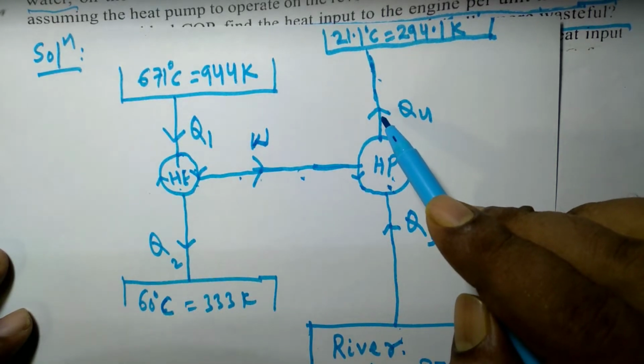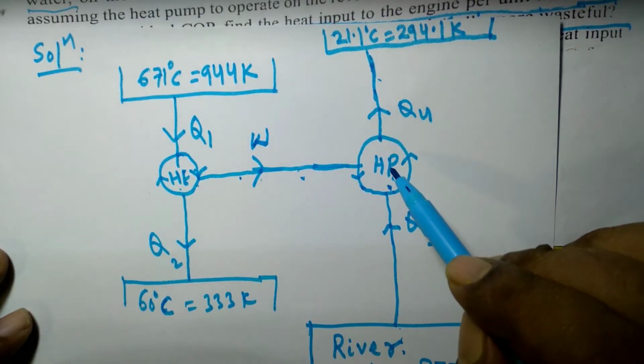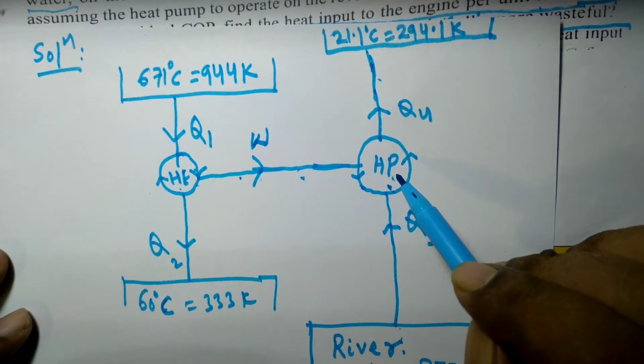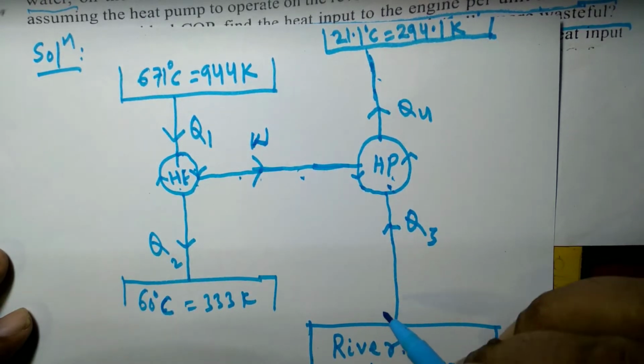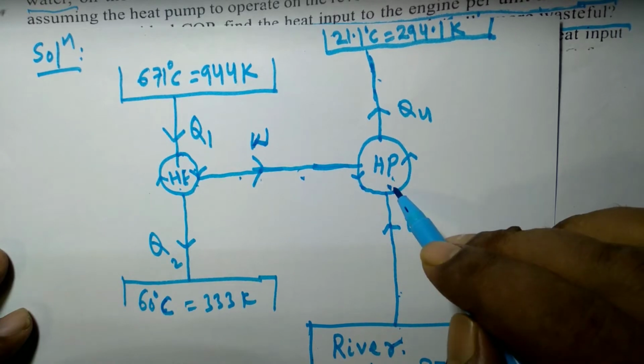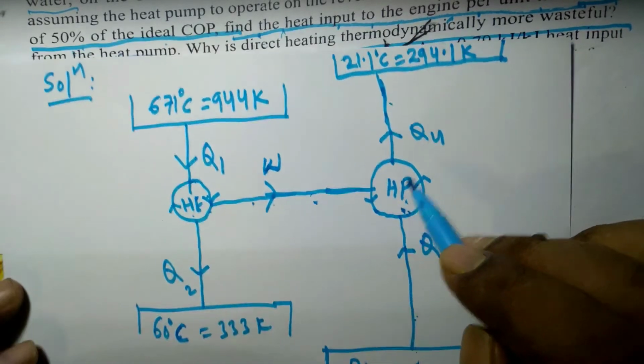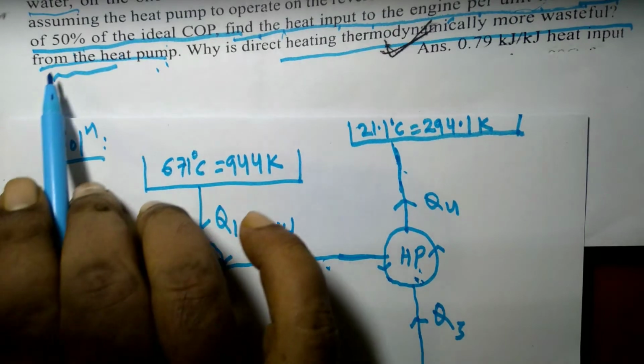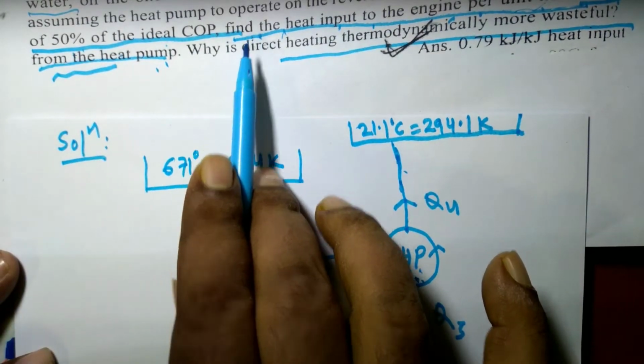And heat flow across a finite temperature difference causes an external irreversibility effect, which is there. Therefore, the COP of this heat pump is not the ideal COP. In fact, that is 50% of the ideal COP as per the question.